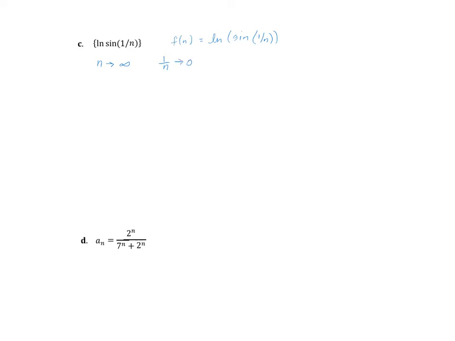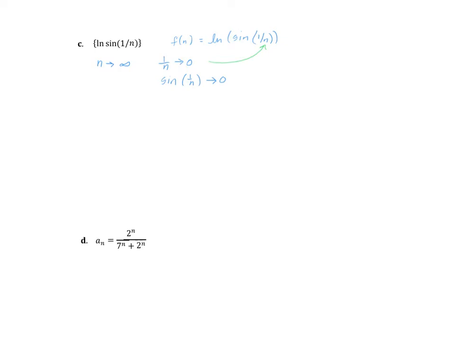Okay, so I'm looking at the argument of my sine function, which would mean that sine of 1 over n is approaching 0. But natural log of 0, it's not defined. So we have to think about this.